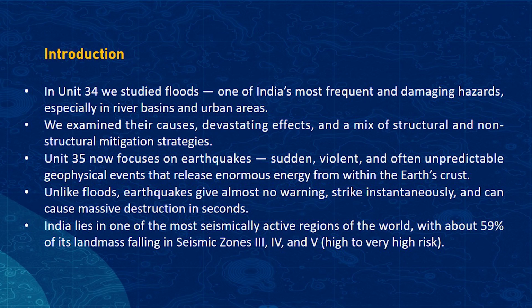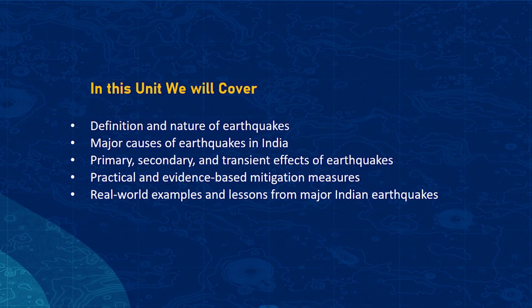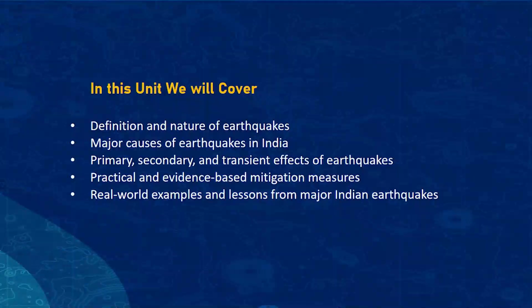India lies in one of the most seismically active regions of the world, with about 59% of its landmass falling in seismic zones 3, 4, and 5, that is, high to very high risk. In this unit, we will cover the definition and nature of earthquakes, major causes of earthquakes in India, primary, secondary, and transient effects of earthquakes, practical and evidence-based mitigation measures, including structural, non-structural, and community-based approaches, real-world examples, and lessons from major Indian earthquakes.